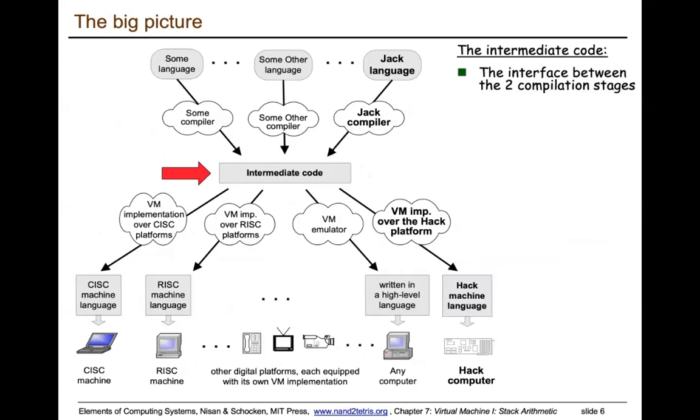So the intermediate code is the interface between the two compilation stages. This side is called a compiler, and this side is called the virtual machine implementation. So this is the virtual machine.